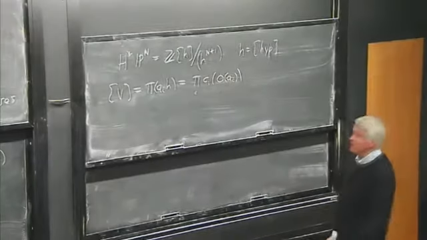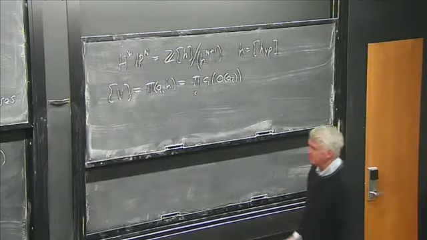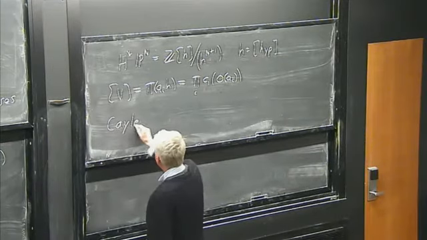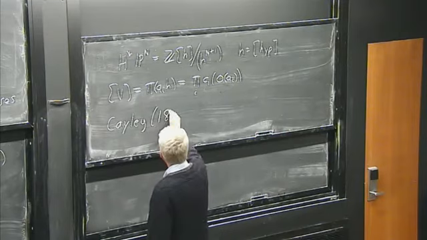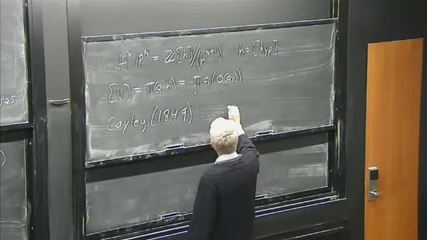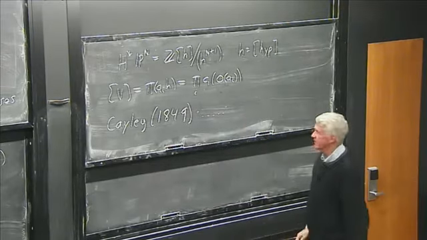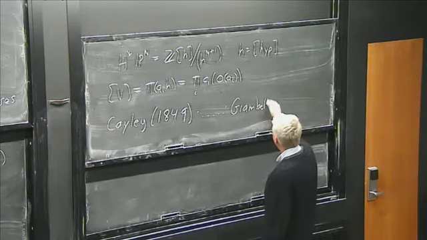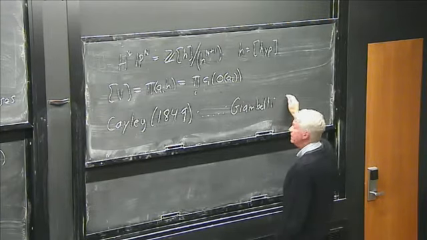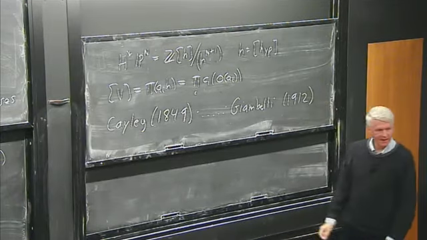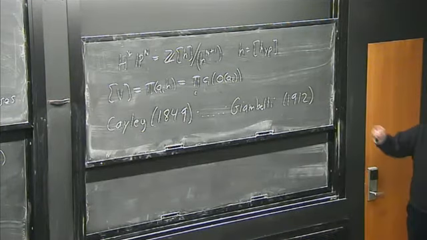But the subject really became substantial starting, I found an old paper by Cayley in 1849, and there's a whole series of papers all through the last half of the 19th century, and it ends with Giambelli, I think there's a series of papers, 1910, 1912. And a whole bunch of people in between.